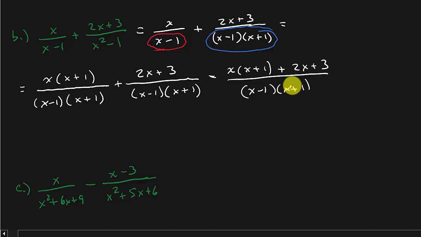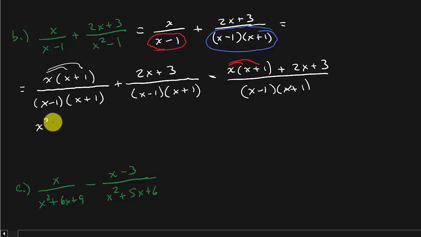All right. So remember, once you have the common denominator, you can add the numerators. And look, I wrote x times x plus 1. If you wanted to, you could have distributed that and put x squared plus x there. That's fine. I just chose to write this, and now I'm going to distribute the x.